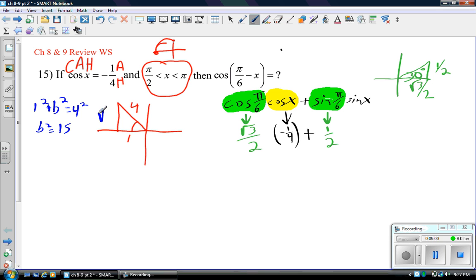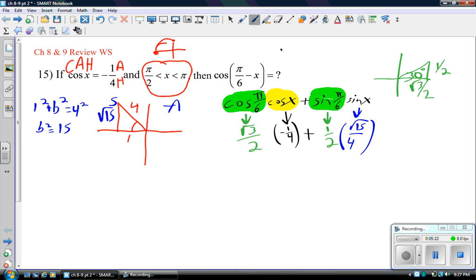So this length is the square root of 15. Now you gotta remember, is sine positive or negative in the second quadrant? All students, it's positive, so it's positive opposite over hypotenuse. So this is root 15 over 4.